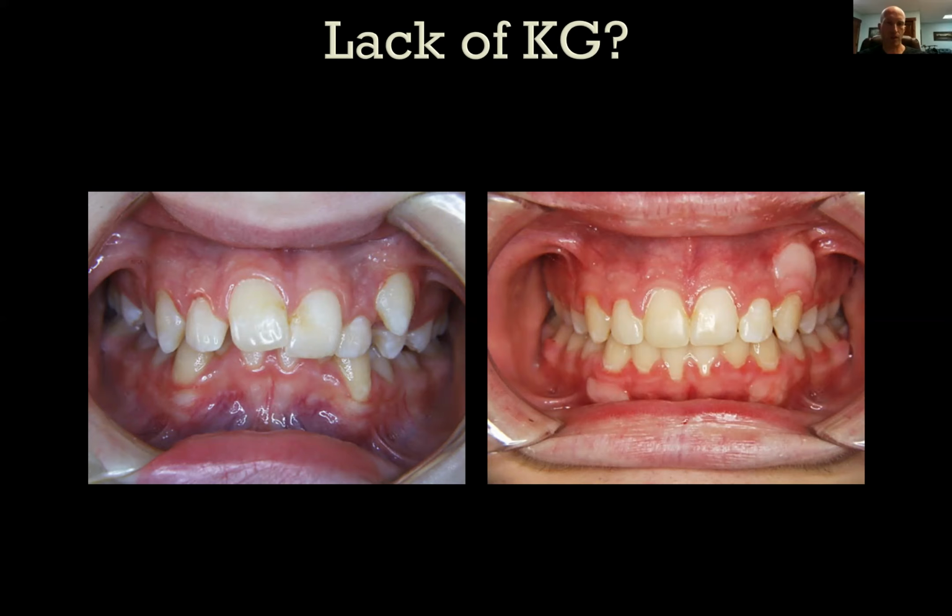Before that tooth was moved, a free gingival graft was placed around the margin of that tooth. And you can see that free gingival grafts were placed on the mandibular canines as well. Once that graft healed, that patient went into orthodontics and that tooth was extruded and moved into position.